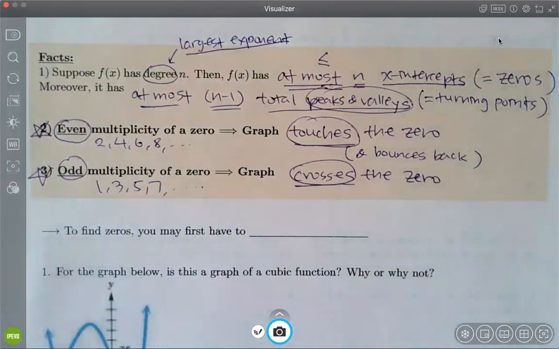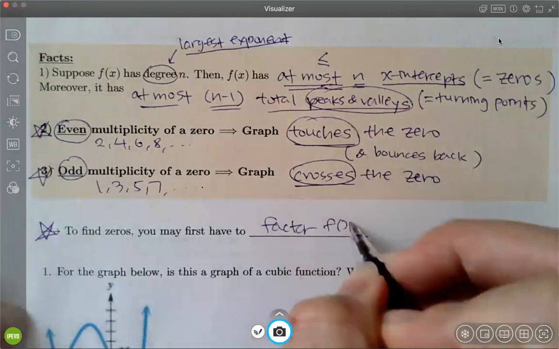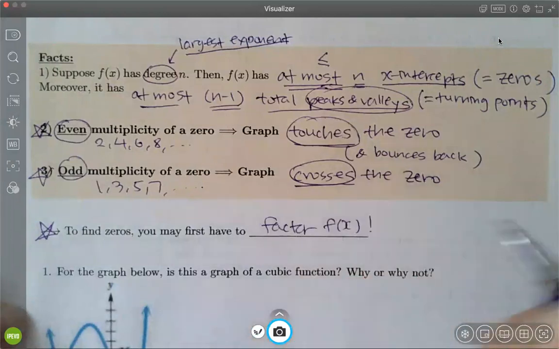And this is the first ingredient that we need in order to get the graphs by hand. Okay, now, first of all, remember from yesterday's class, to find zeros, you may first have to factor f of x. Okay, so remember, without factoring f of x in advance, you cannot conclude what the multiplicity is. Okay, so that's why in order to find zeros and their multiplicities, you first have to factor f of x.